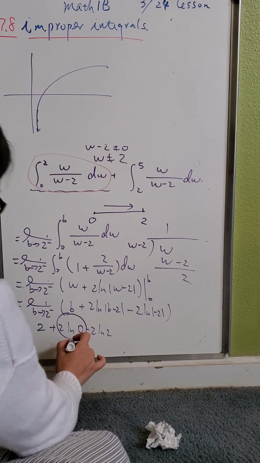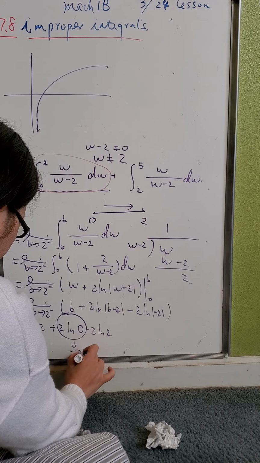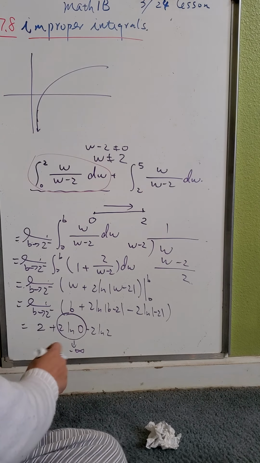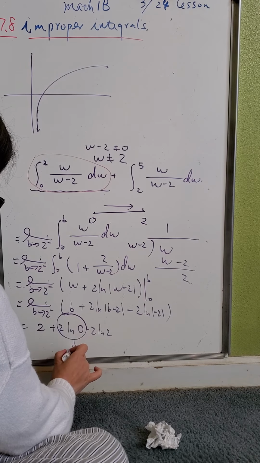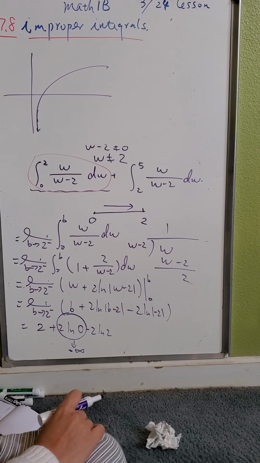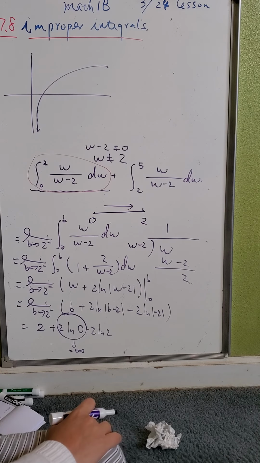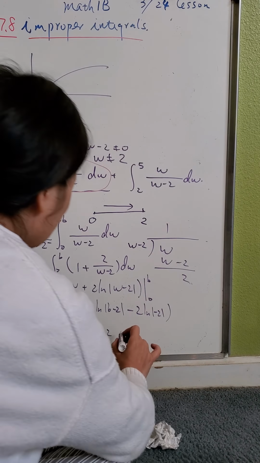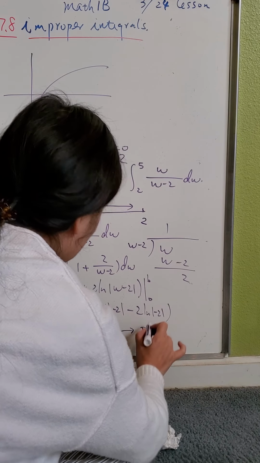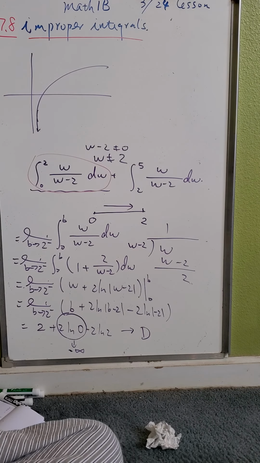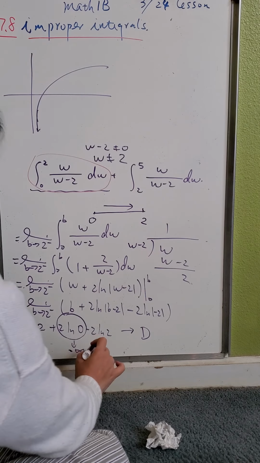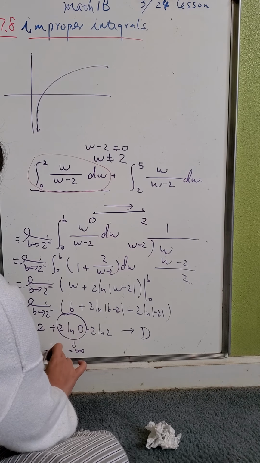So this one actually is negative infinity. So I don't care about the rest of it now. As long as one term goes to infinity, the rest of it is just added to infinity, still infinity. So this diverges. That's how you do these problems, and your final answer is negative infinity.